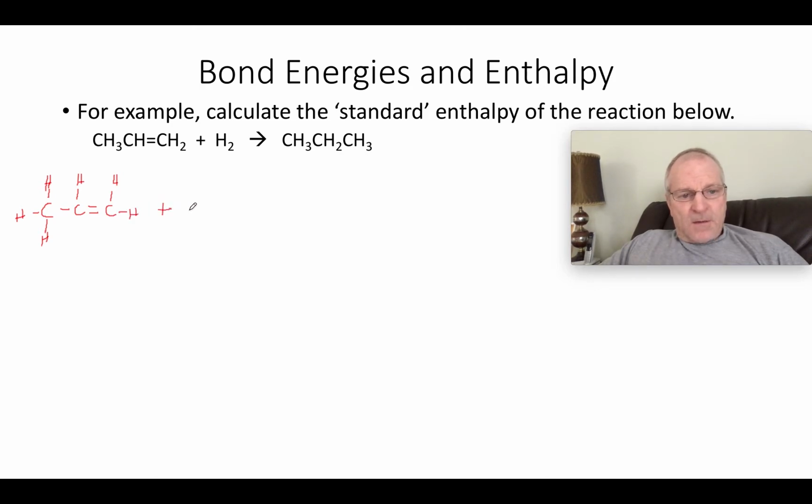And it's reacting with a hydrogen molecule, which is a hydrogen bonded to a hydrogen. And on the other side, there are carbon, carbon, carbon, and a bunch of hydrogens.